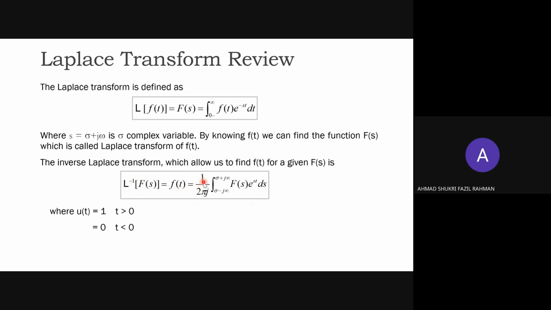It is given by this equation: 1 over 2 pi j, integrated from sigma minus j infinity to sigma plus j infinity, of F(s) multiplied by e to the power of st, ds. This holds when u(t) is equal to 1, which is when the time is greater than 0. When the time is less than 0, the value of u(t) should be 0.